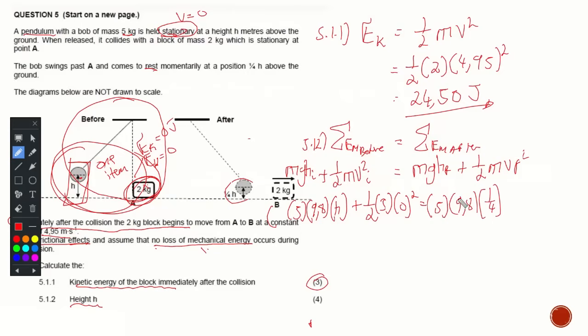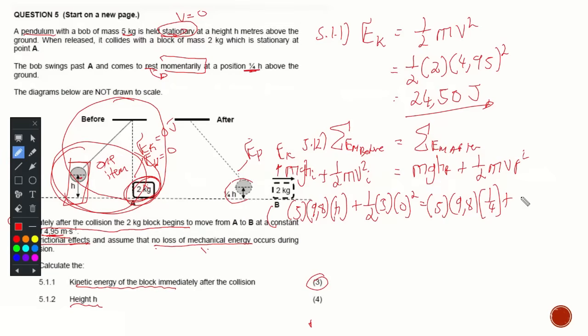But then they said after it comes to rest momentarily at position 1/4, so there is no kinetic energy at that point because it's at rest. But this has kinetic energy, and the kinetic energy is the one that we calculated above. So this one has potential energy because of the height. This one has kinetic energy because it's already moving at a speed of 4.95 meters per second.